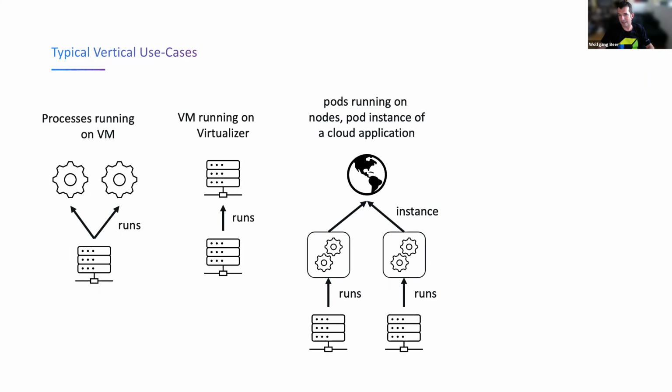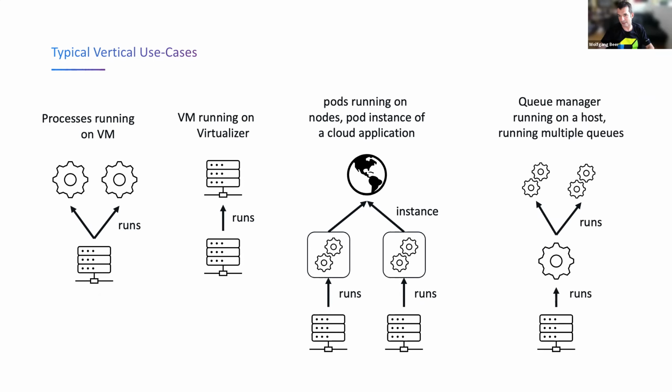A pod is an instance of a cloud application, which is one of those runs on an instance relationship on the vertical stack. Or a queue manager is running on a host, and it's running multiple queues. So those are typical vertical use cases that you can model.